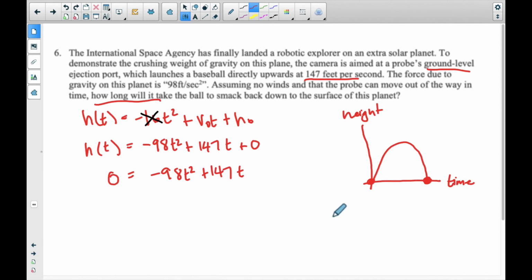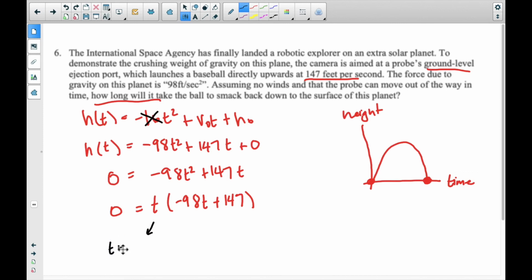At this point, if we can factor it, we can factor it. If we can't factor it, we can do the quadratic formula. You really could do either one. But I'm looking at this and I'm thinking I can factor this. I can definitely factor out a t. I might even be able to factor out more than just a t, but if I can't see that right now, this is actually enough. Because now, remember that what we have to do is set this equal to 0 and set this equal to 0.